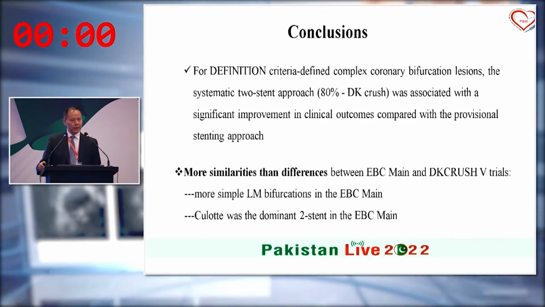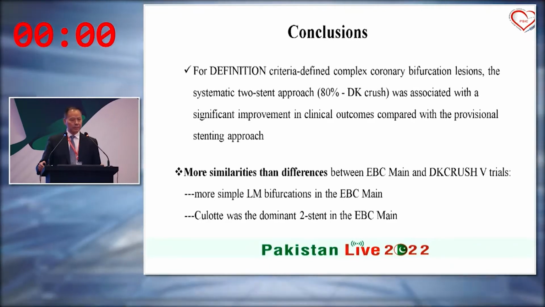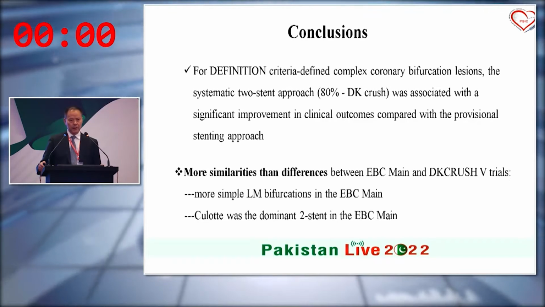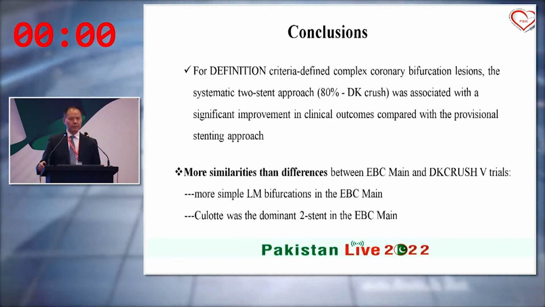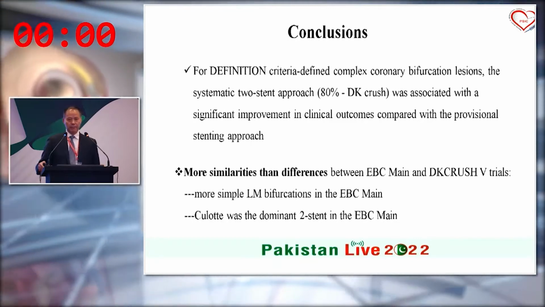Also, I'd like to say there are more similarities than differences between EBC MAIN and our DK crush series of trials, particularly the DK crush 5 trial, because most of the lesions included in EBC MAIN were simple compared to DK crush 5.